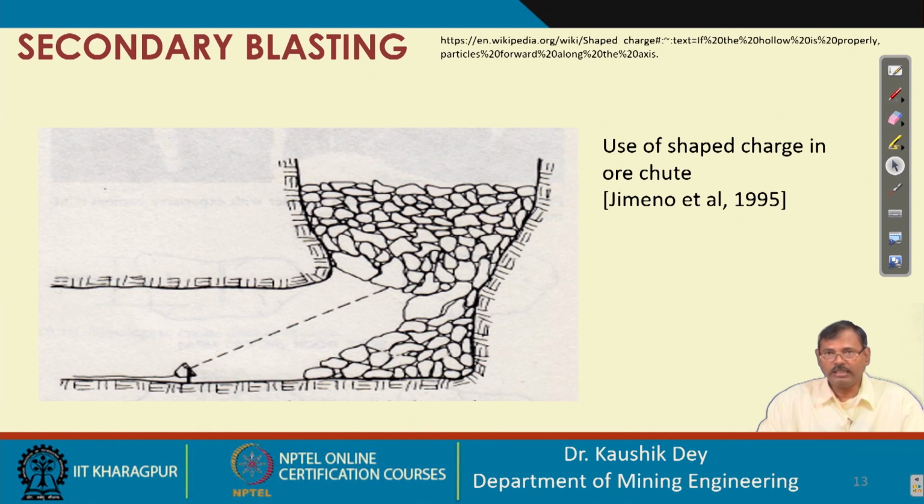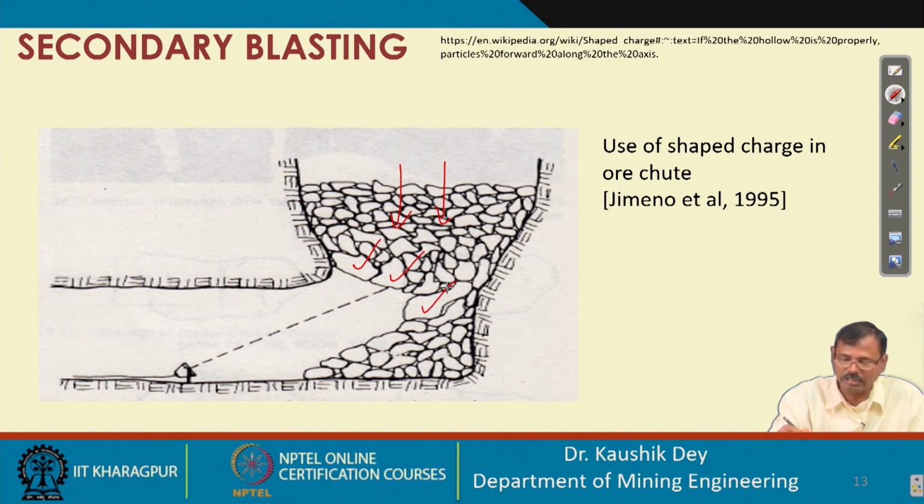Often these boulders are keyed into each other in such a position that it stops the material flow in this direction. These large boulders are positioned in such a way that they block this portion, so no further material is coming down at this place.